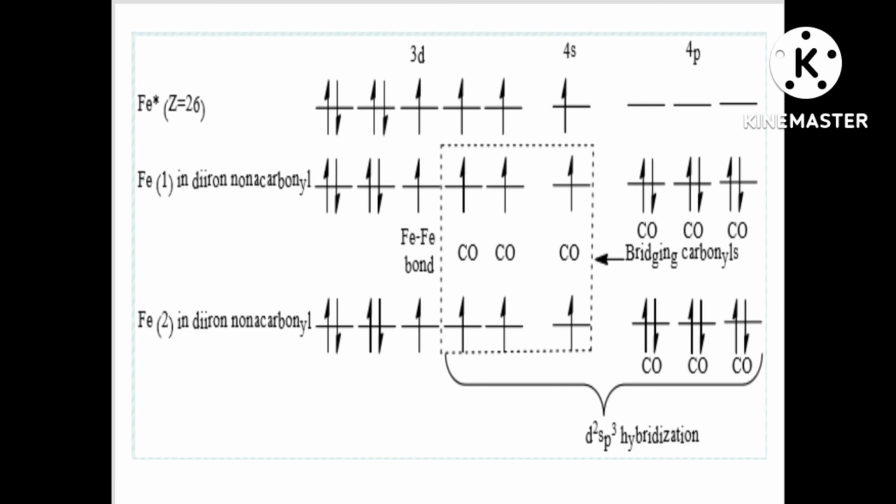These are known as the terminal ligands. The hybridization of iron in diiron nonacarbonyl is d2sp3. This diagram clearly shows us that one bond is there between the 2 iron atoms.